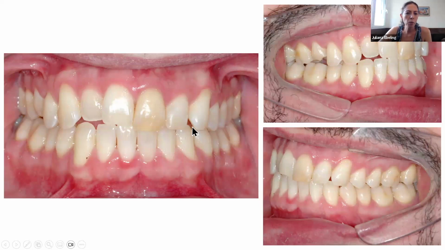But here it's impossible to get a good occlusion with this position of the canines. The main reason for the patient's complaint was the aesthetics of this tooth.